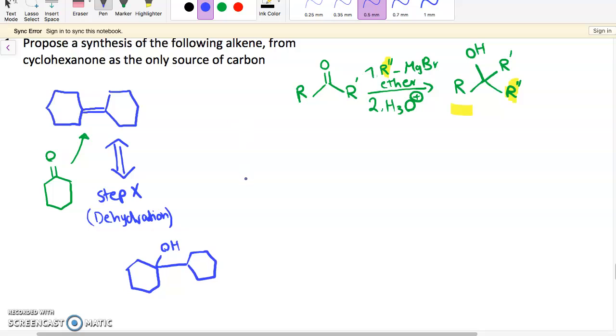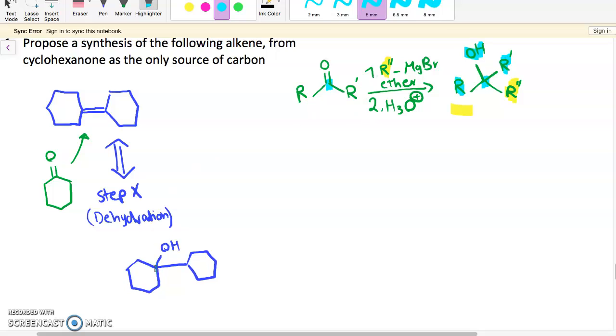Okay, now if I follow the same logic of what I know about the Grignard reagent, let's just review it. So this is the central carbon, and I know that the carbon that was attached to the carbonyl group now has an OH group, and we retain the same R groups.